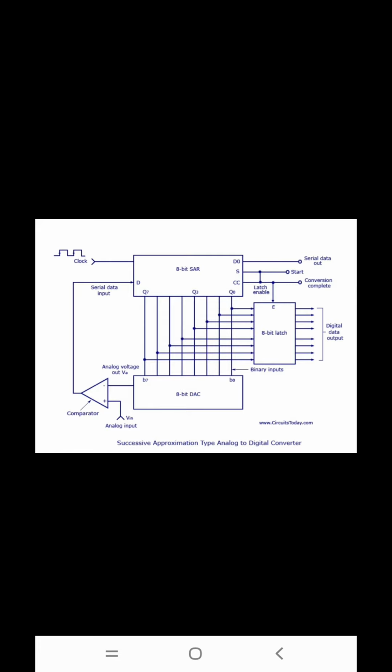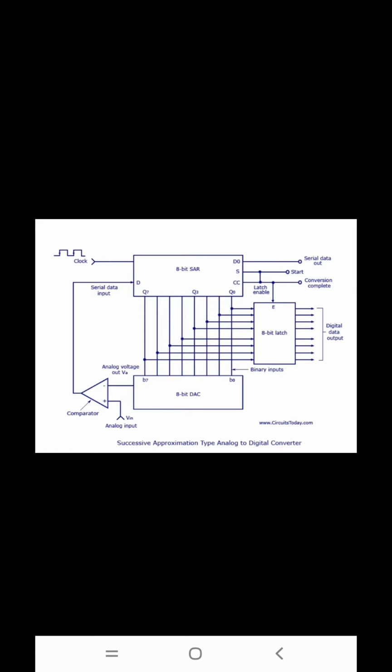If the comparator output is low, that is, the D to A converter output is larger than Vin, the SAR will clear its MSB, Q7. On the other hand, if the comparator output is high, that is, the D to A converter output is lower than Vin, then the SAR will keep the MSB Q7 set.